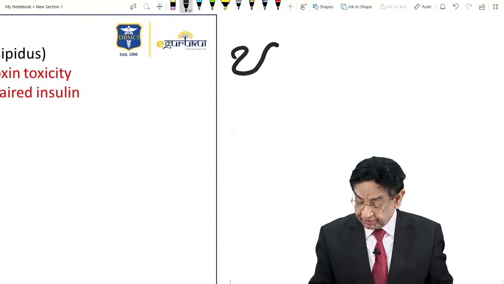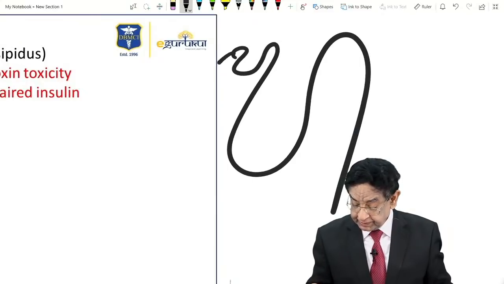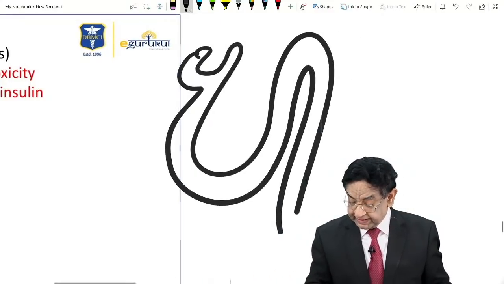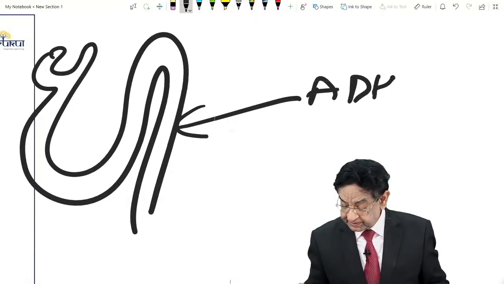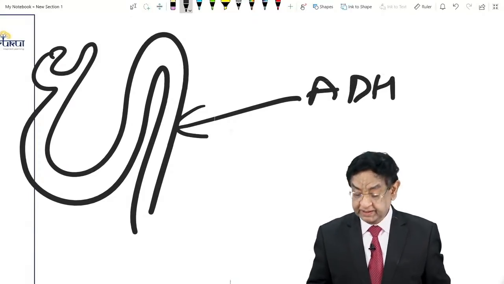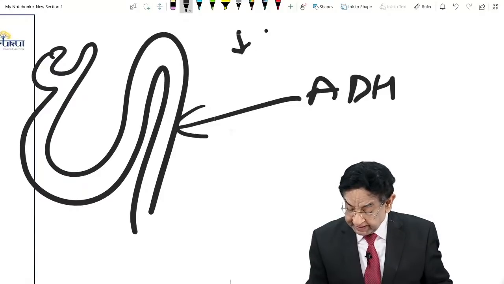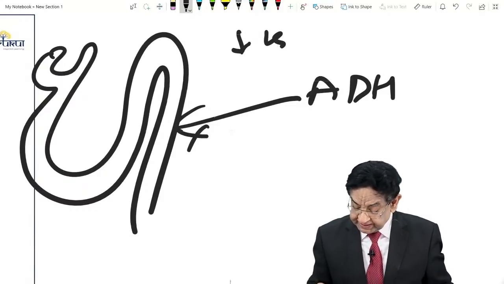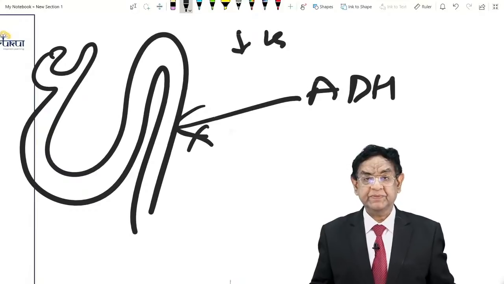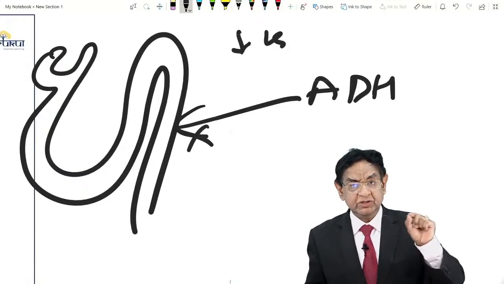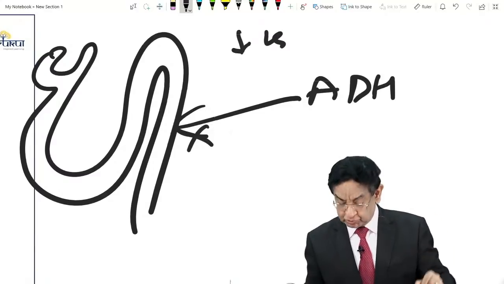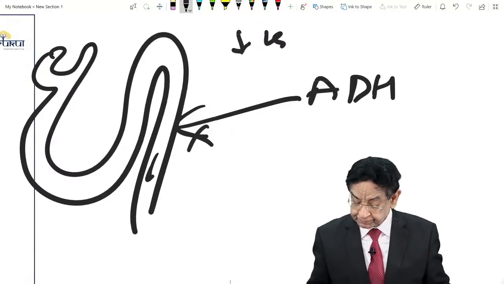Here is the nephron, and we know that ADH acts at the level of the collecting tubule, and when hypokalemia is there, ADH is not able to act. It becomes ineffective. So ADH is not able to act at the collecting tubule, so water will go out.